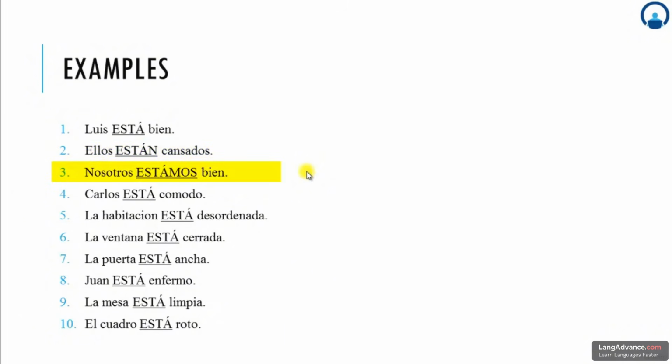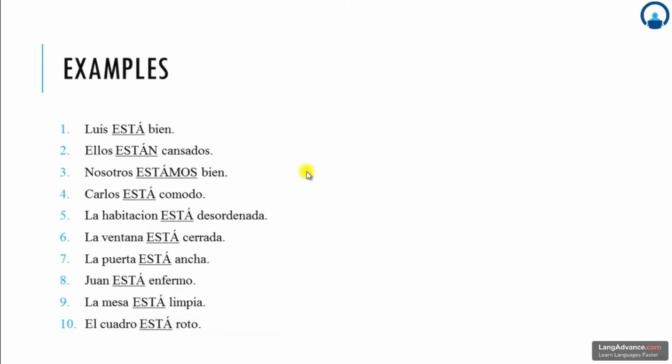Nosotros estamos bien. Carlos está cómodo. La habitación está desordenada. La ventana está cerrada. La puerta está ancha. Juan está enfermo. La mesa está limpia. El cuadro está roto.